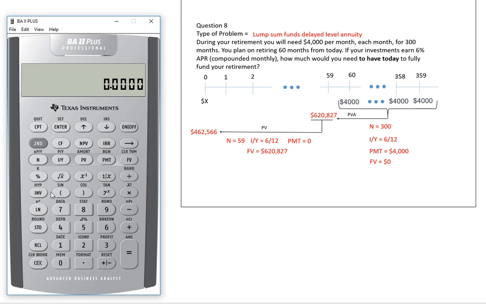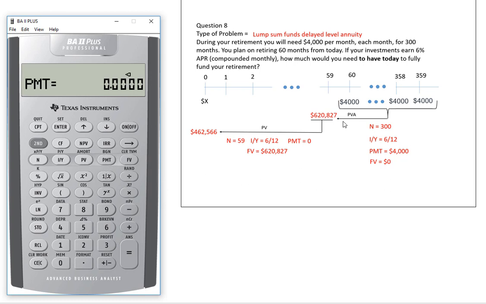clear this out, and now we're bringing this back 59 periods. So that's our N, because the N when we have a present value is the number of discounting periods. We have our interest rate is still 6 divided by 12. Our present value is what we're looking for.